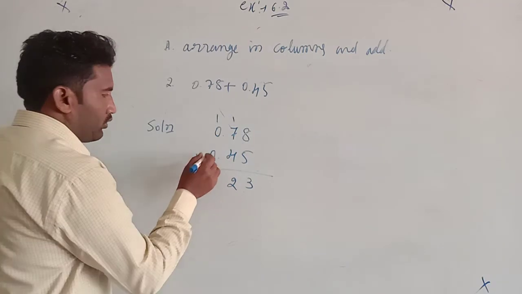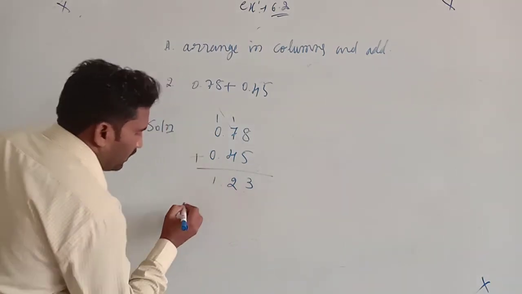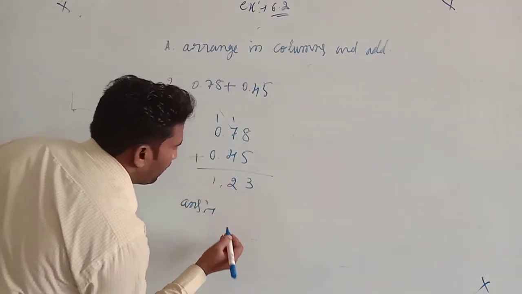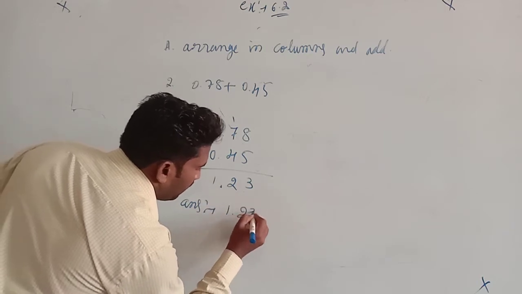Then 1 plus 0 is 1. So its answer is 1.23.